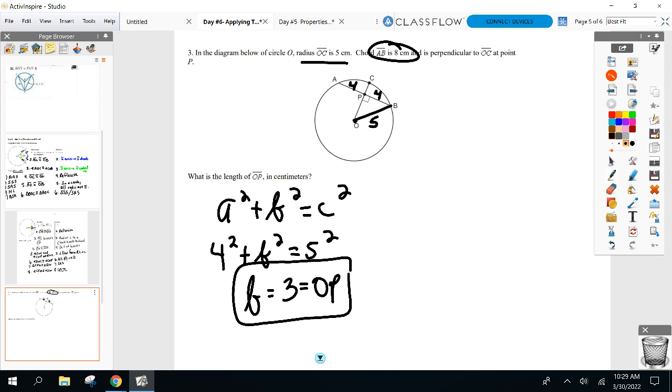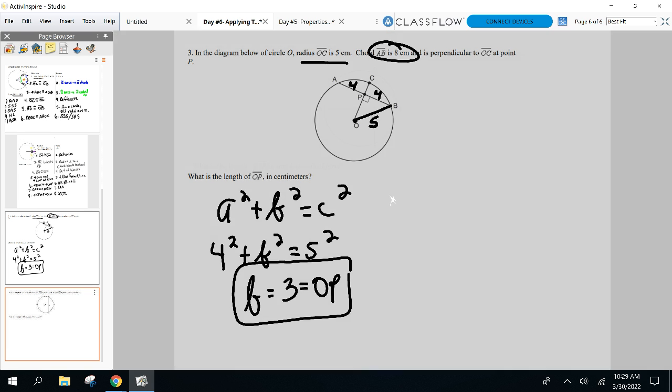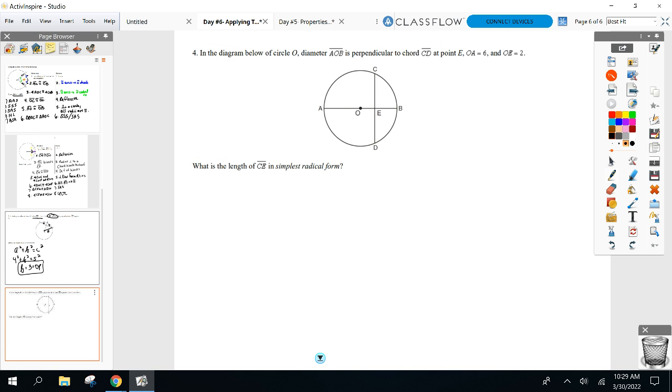All good. All right. Look at those dreaded directions at the end: simplest radical form. All right, so let's talk. I got OA is 6.